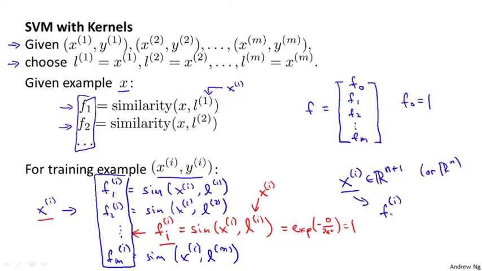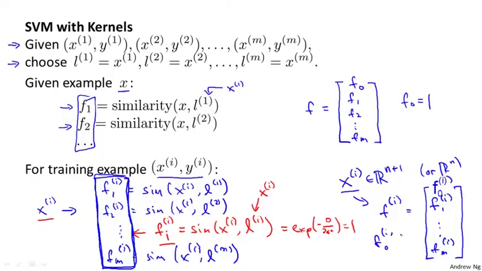I'm going to write this f superscript i, taking all of these things and stacking them into a vector: f1i down to fmi. And usually we'll also add this f0i, where f0i is equal to 1. And so this vector gives me my new feature vector with which to represent my training example.